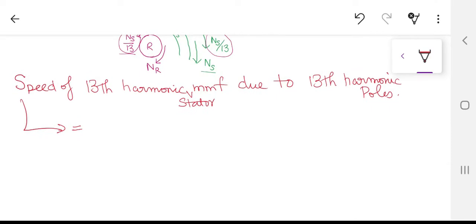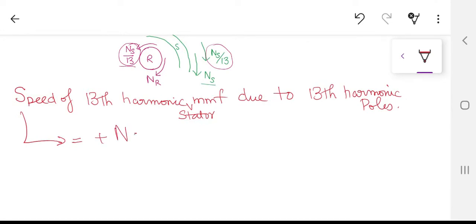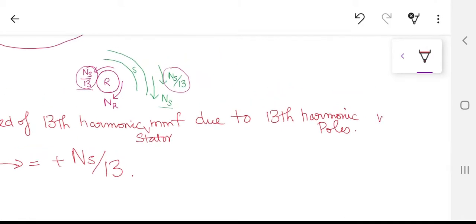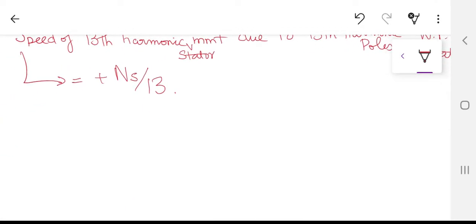The stator is stationary, so it is always with respect to the stator, and it is moving in the same direction as I have shown you. So this value is plus ns by 13, nothing to do. This is with respect to stator.